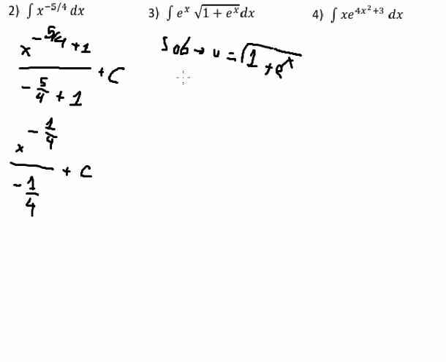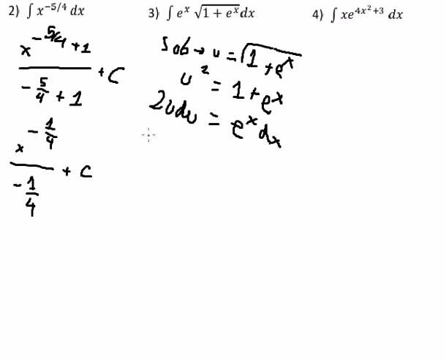So you square both sides, so we cancel the square root. Later we take the first derivative on both sides. You get 2u du equals e to the power of x dx.